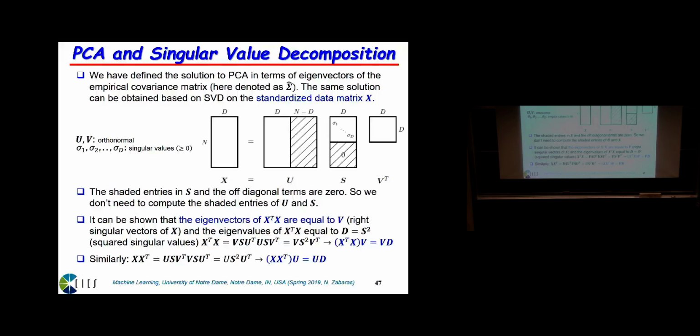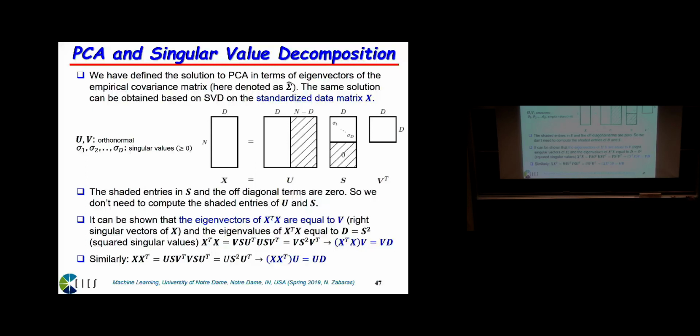And whatever is crossed out is 0, and whatever you see off diagonal on the matrix in the center is also 0. So on this matrix S, we only have the diagonal values sigma 1 to sigma D that are called the singular values of the matrix X. So this is a generic decomposition that you can do for matrices that are not square.